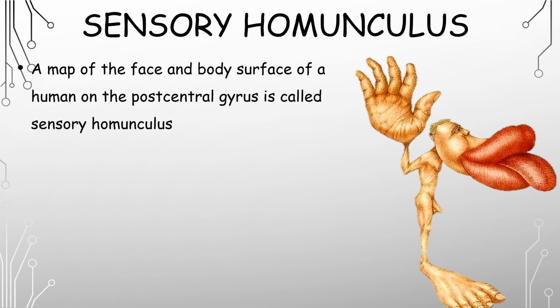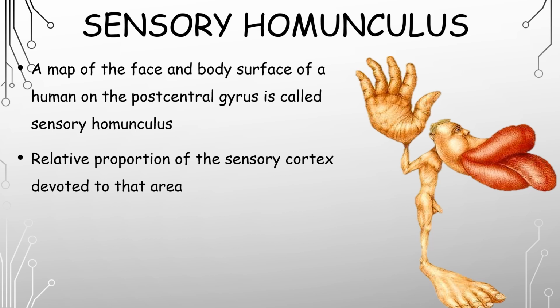Sensory homunculus. It is the map of the face and body surface of a human on the postcentral gyrus, so it is called the sensory homunculus. What is the motor homunculus? It is a map of the face and body surface of a human on the precentral gyrus. That is the motor homunculus.